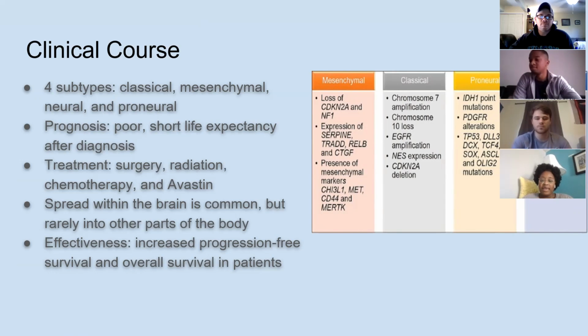It's very effective in patients who have already gone through chemo and radiation as a somewhat last resort effort, and it has increased progression-free survival and overall survival in some patients by a few months.